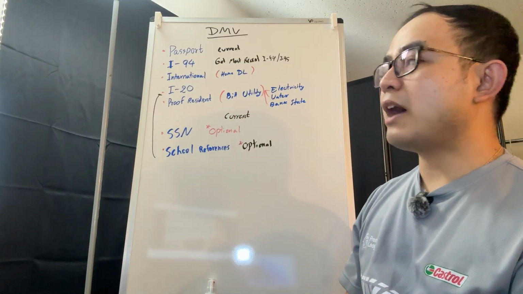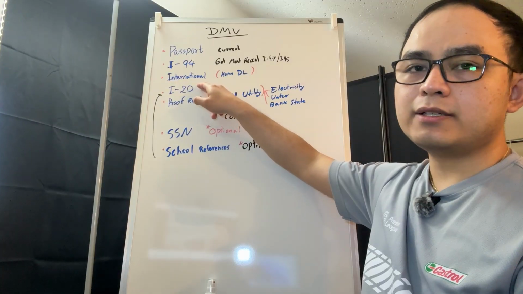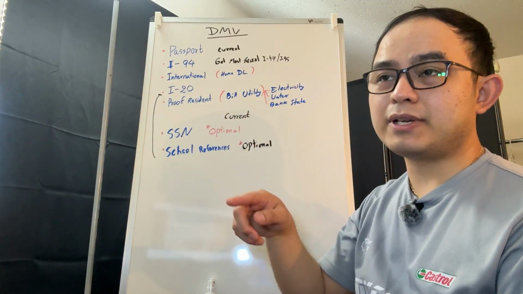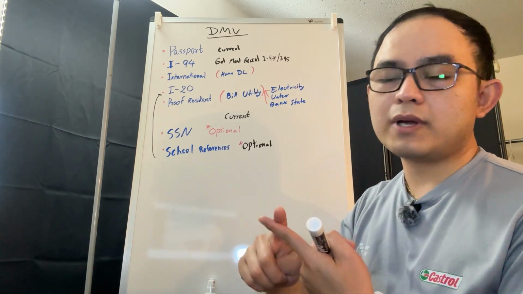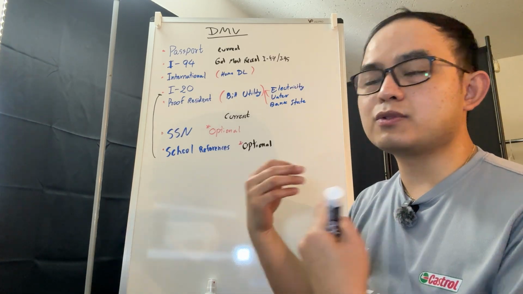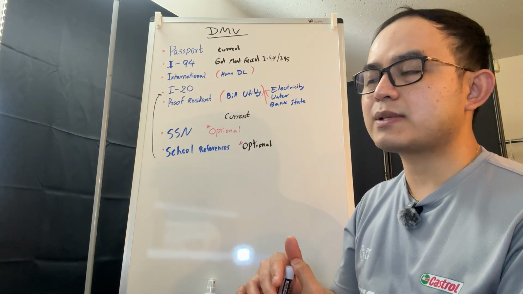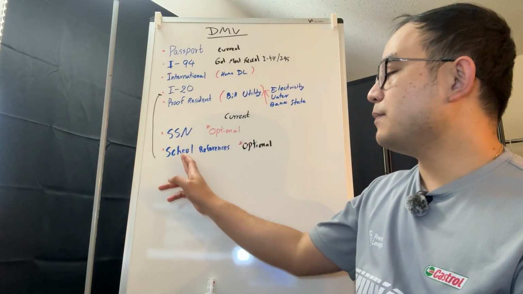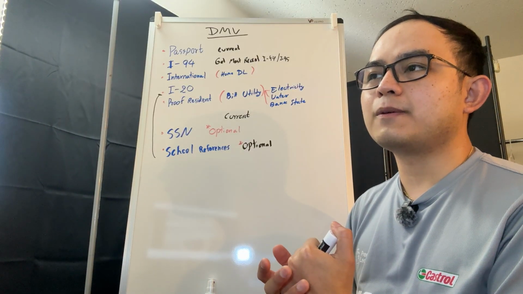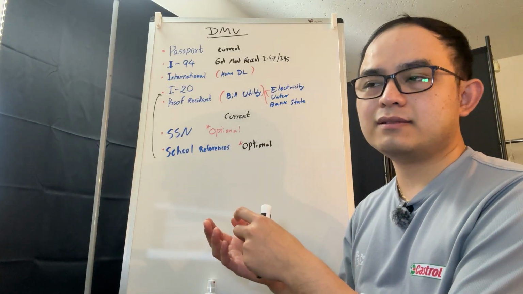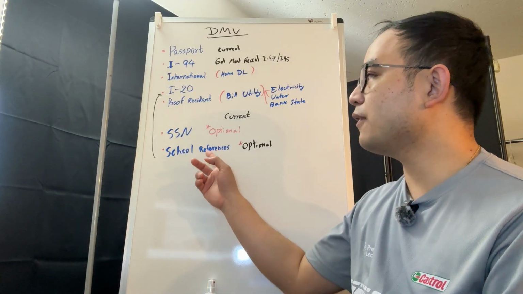You know the rule: after your I-20 expires, you're going to have a 60-day period to stay in the US with no working, but you can still travel, and you can drive, something like that. But if you have a school reference, it might help at the DMV.